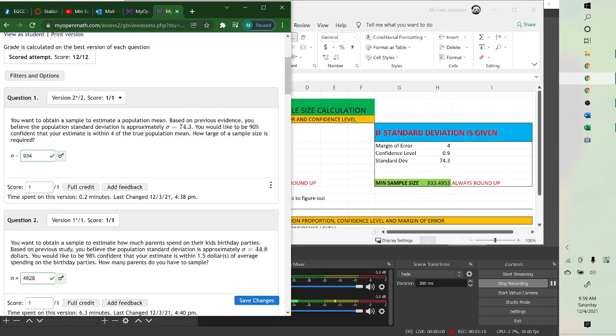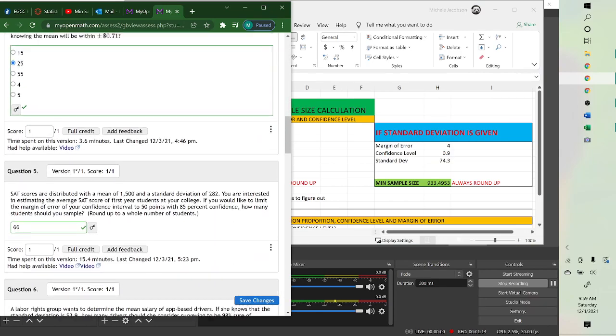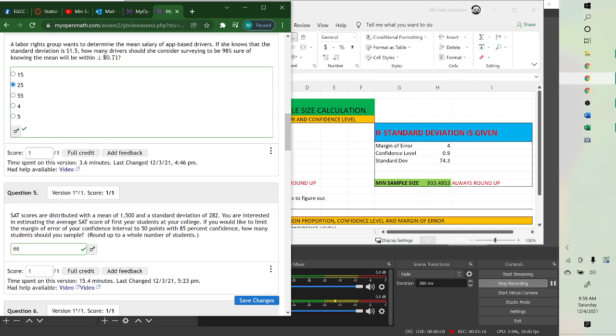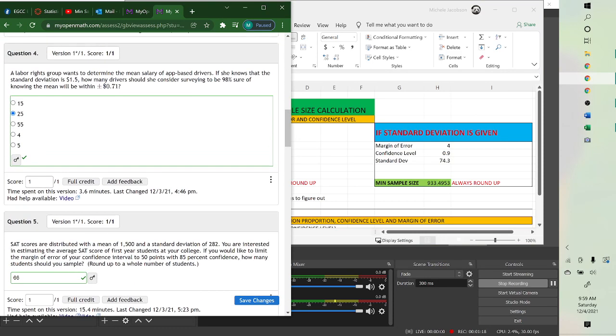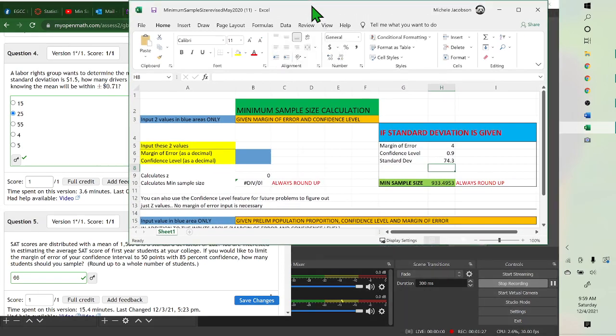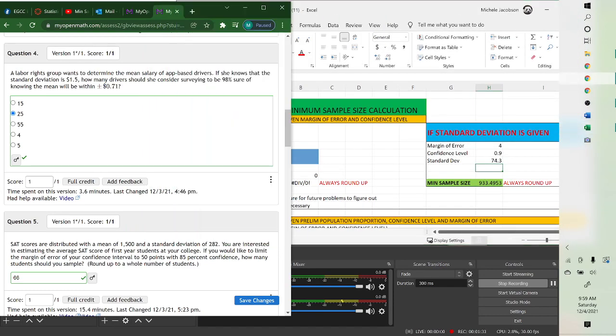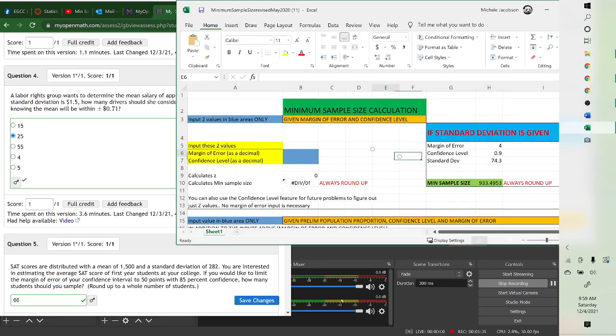And I think the other one was 5 that you had a question on. Number 5 would be the same thing because we were given, so you could see it a little bit more, a standard deviation again.